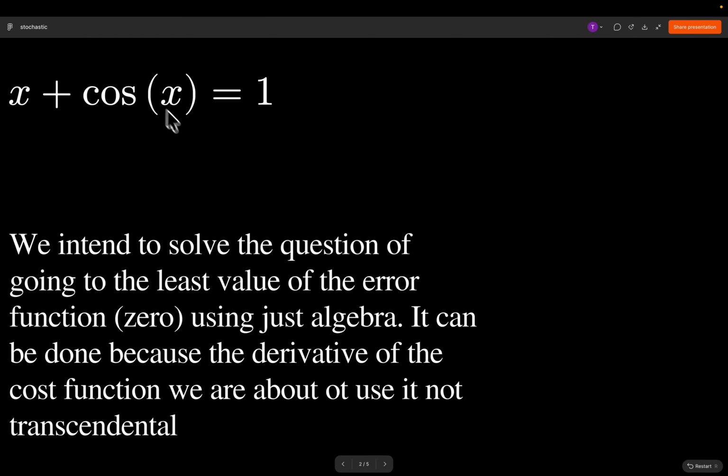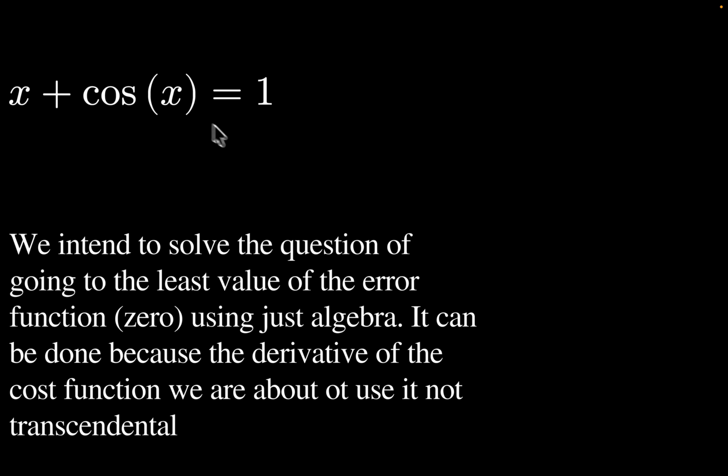And that is why gradient descent and other algorithms are introduced. They are just solving the transcendental equation this way. They use Newton's method, for example. We'll talk about it a little bit later.